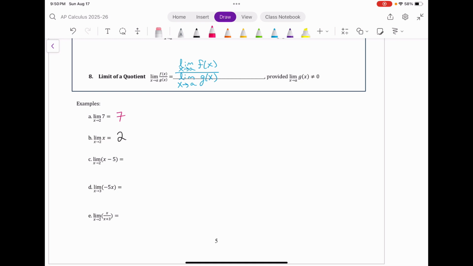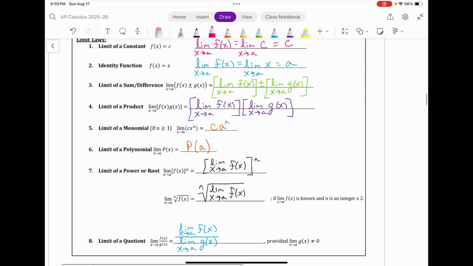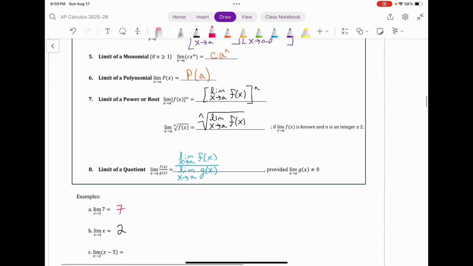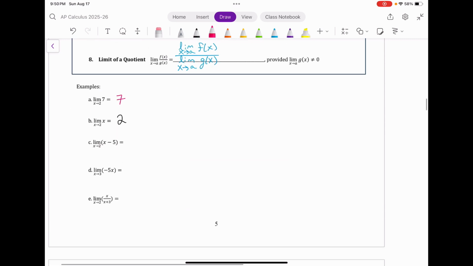We can apply the sum slash difference rule, law number 3 above. We can separate it to be the limit as x approaches 2 for x minus the limit as x approaches 2 for 5.